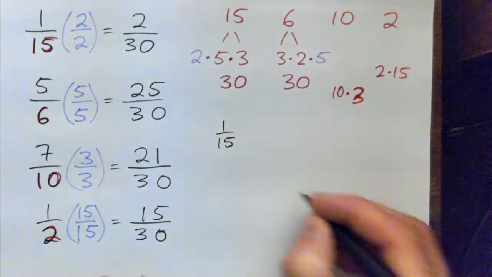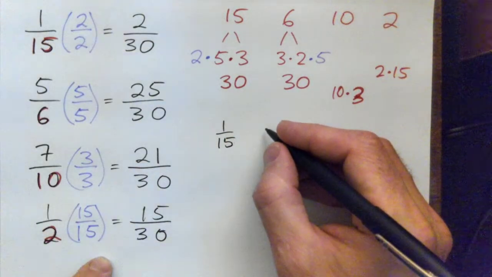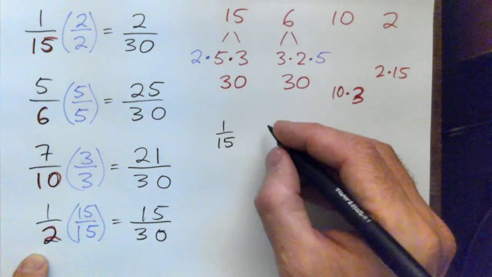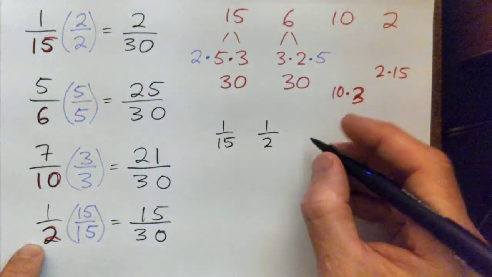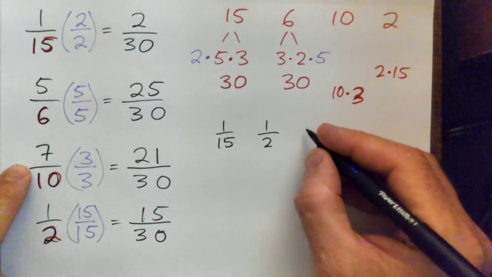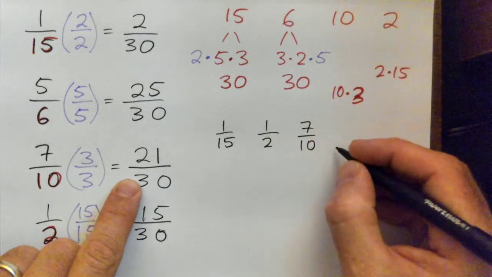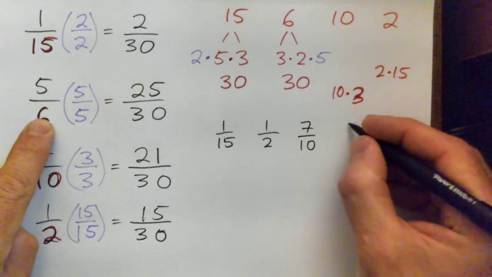And then the next smallest one is 15/30ths, which is our half, so we'll write down a half. And then 7/10ths, because that's 21/30ths. And the largest is 25/30ths, 5/6.